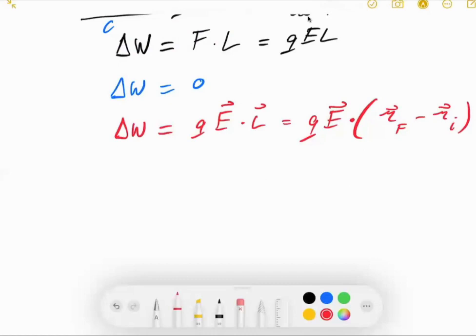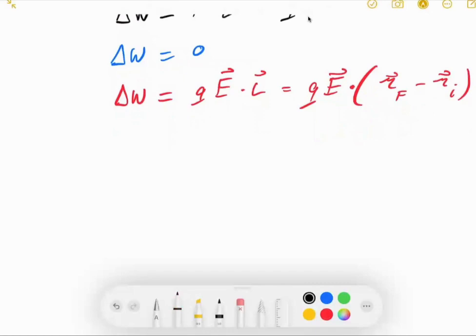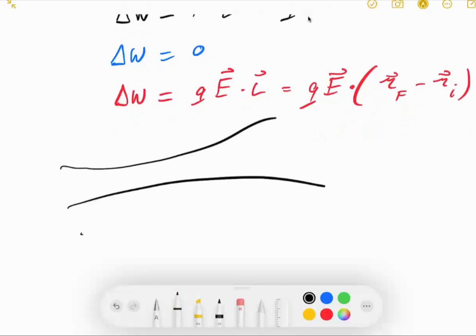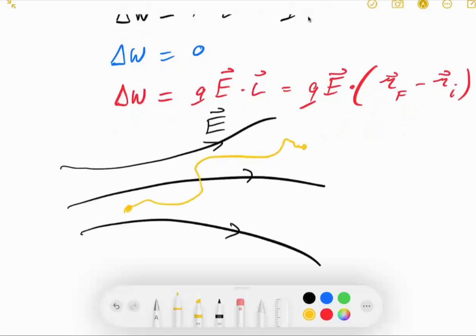If instead of this field being uniform, we can generalize this a little bit. So for instance, this is the electric field, and there's this weird path from A to B. At any point here, we can evaluate how much work is being done, dW.